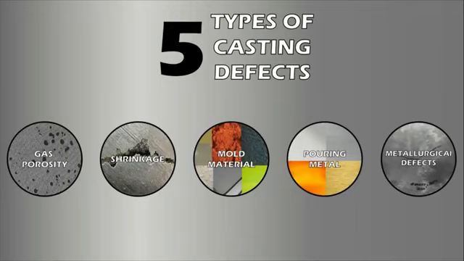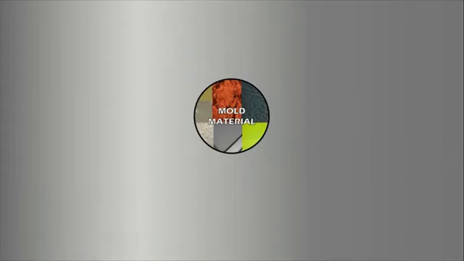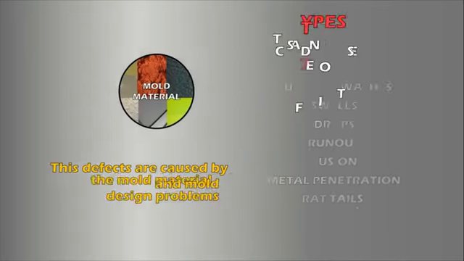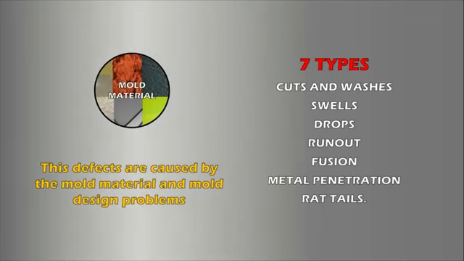The third main casting defect is mold material. As suggested by the name, mold material defects are caused by the mold material, but they can also be caused by mold design problems. This makes up the largest category of casting defects, with 7 basic types.